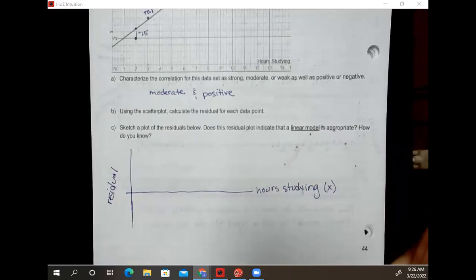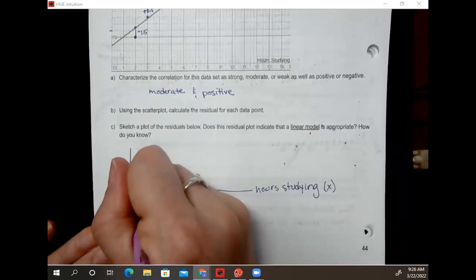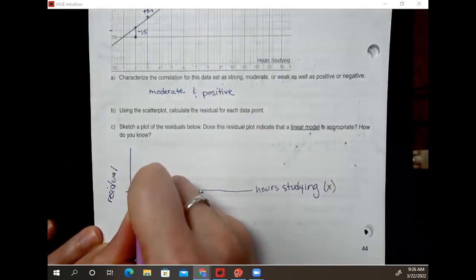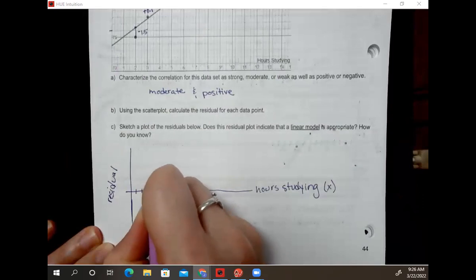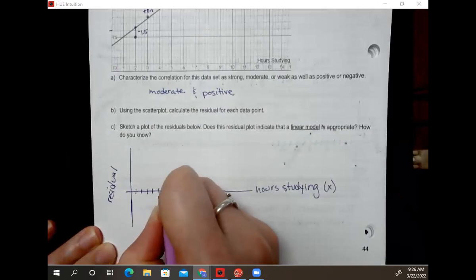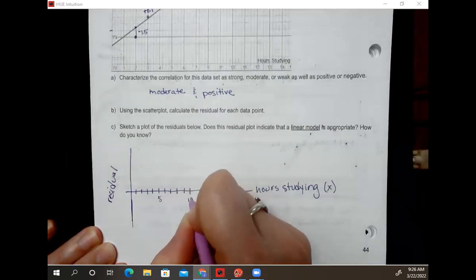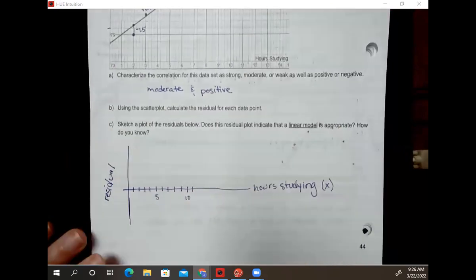I'm going to go by ones for the x-axis since this goes by ones. 1, 2, 3, 4, 5, and we need to go up to 11 here. There we go. And then for my residuals, I'm going to go by ones.